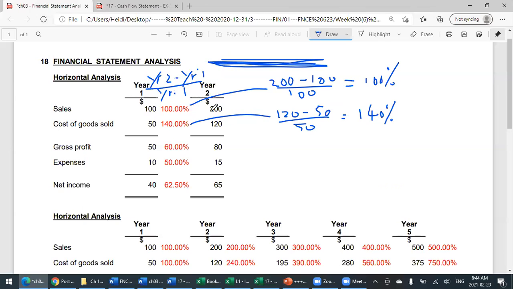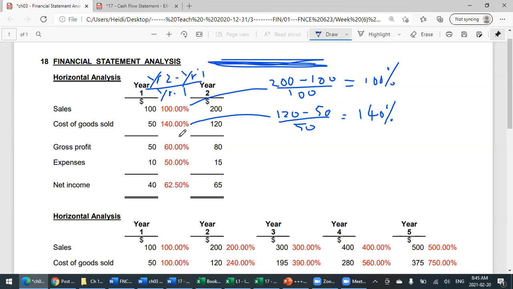Here, it has increased by 140%, 60%, 50%, 62.5%. These are the things you can conclude, because I want to know whether things have increased or decreased between this year and last year, so that I can tell whether I'm doing well or not. If I'm earning more, it's good, but when I pay more, of course, it's not so good.